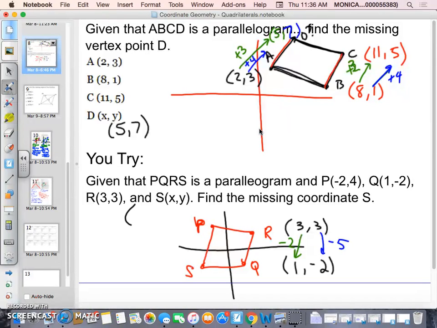Coordinate P is at negative 2, 4. And so I'm going to take away 2, and that's going to put me at negative 4. Over here, I'm going to take away 5, and 4 minus 5 is negative 1. So my coordinate S is at negative 4, negative 1.